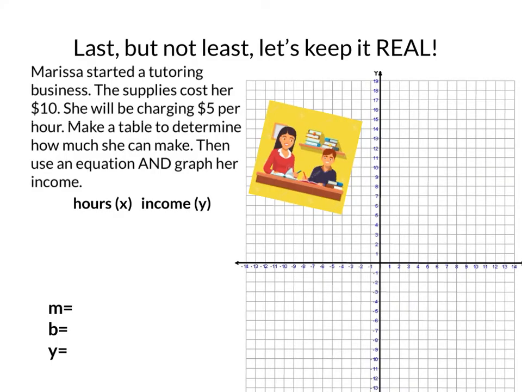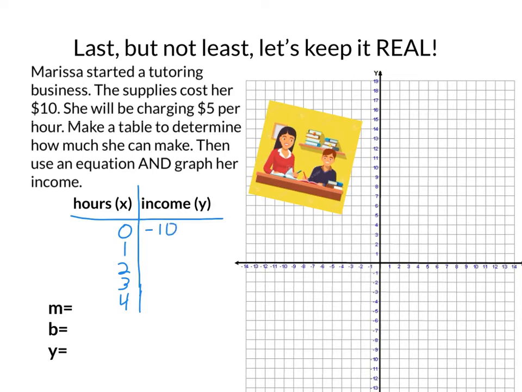Okay, let's keep it real now and talk about where we're going to use this in the real world. Marissa started a tutoring business and her supplies cost her $10. She will charge $5 per hour. So let's make a table to determine how much she can make. Because she bought supplies, at 0 hours tutoring, she is down $10.